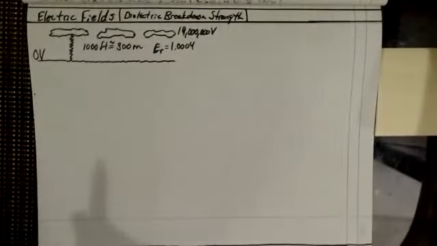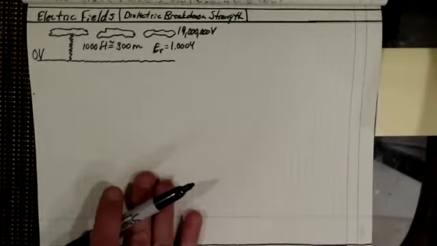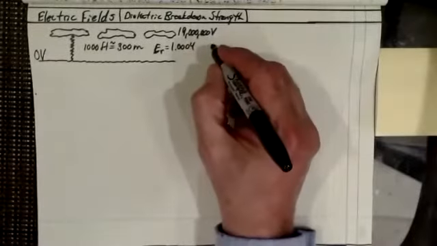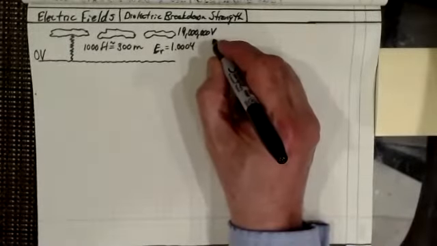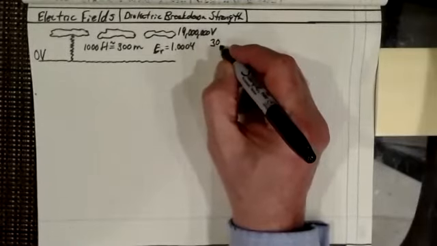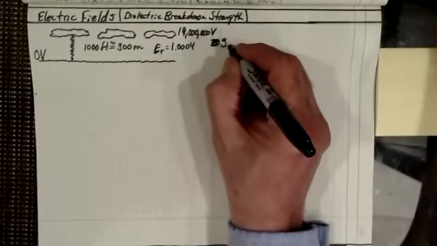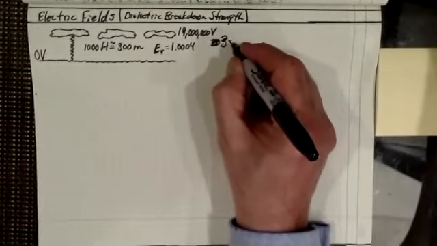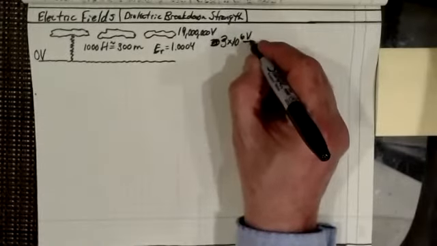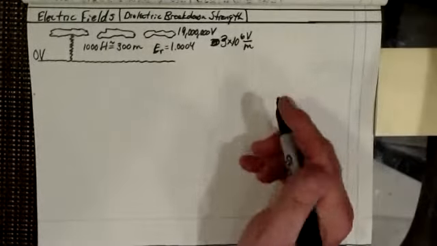Now, let's not stop there. If that is dielectric breakdown, when does that occur? Dielectric breakdown for air is 3 times 10 to the 6 volts per meter, right?